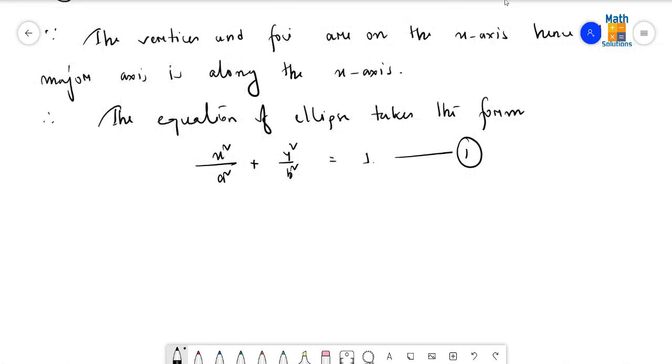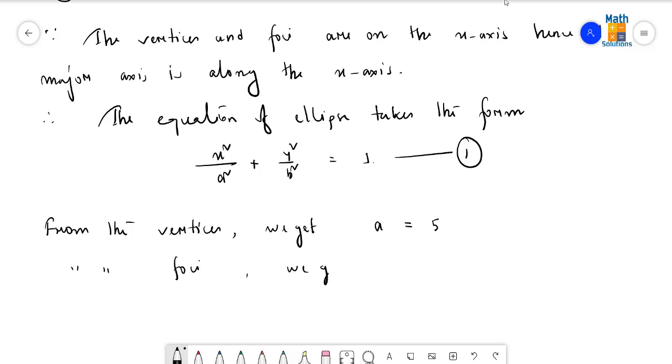Now, from the vertices we get the value of a as 5, of course, because from the coordinates of vertices we always get the length of semi-major axis. Then from the foci we get the value of c as 4.